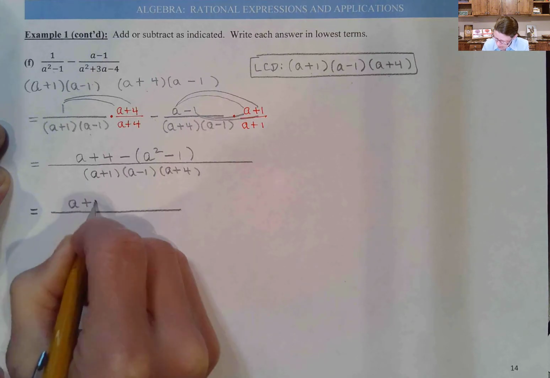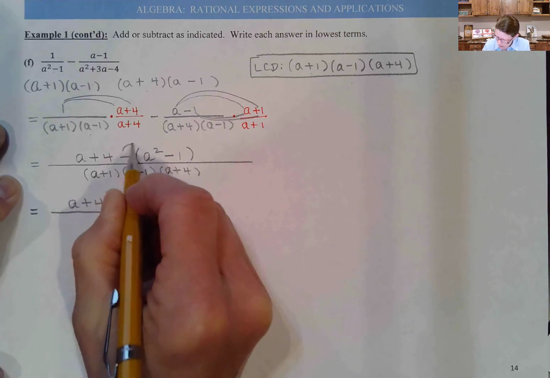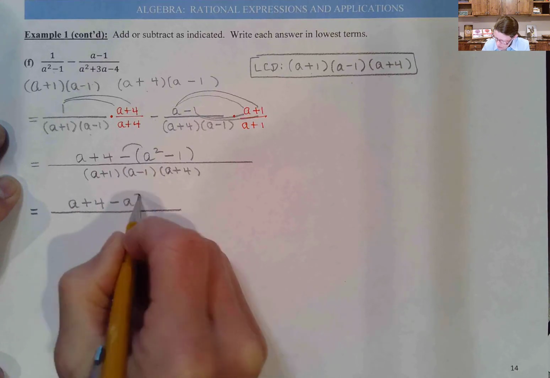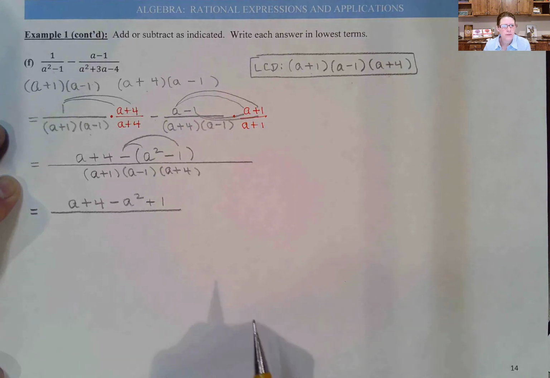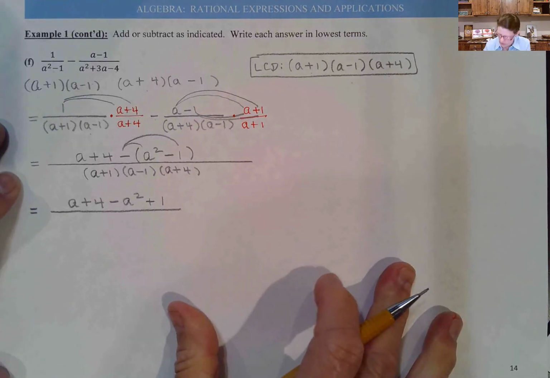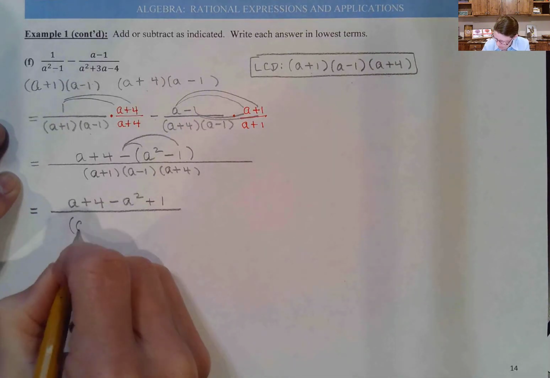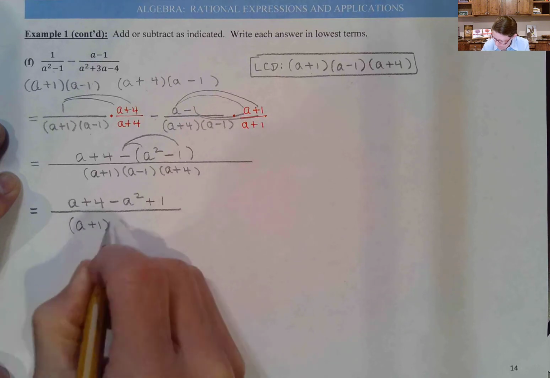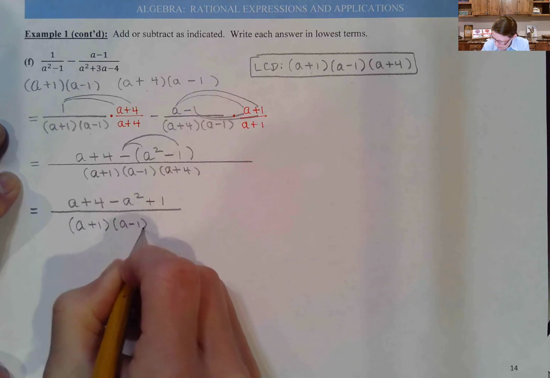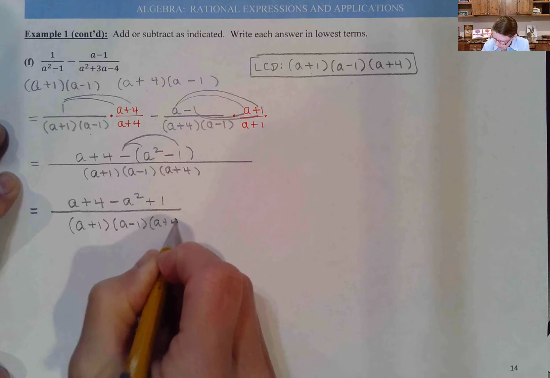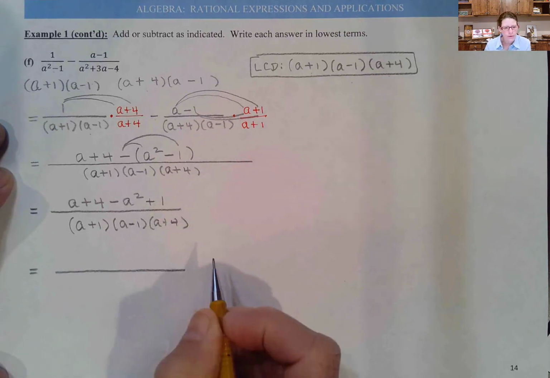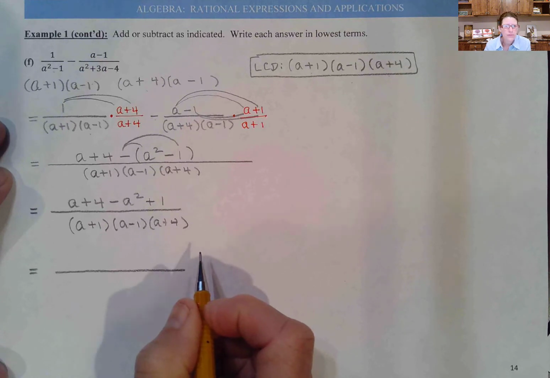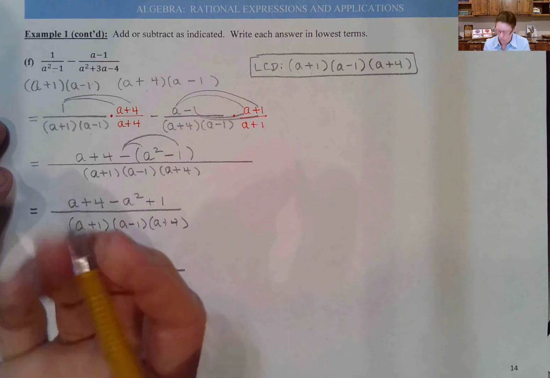Numerator then becomes a plus 4 minus a squared and plus 1. So again, be very, very careful with your signs in the numerator. Last step, let's combine like terms in the numerator, and I'm going to rearrange those terms so that they are in decreasing degree order.